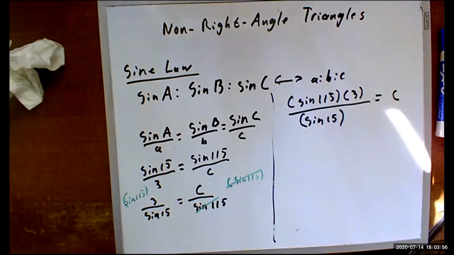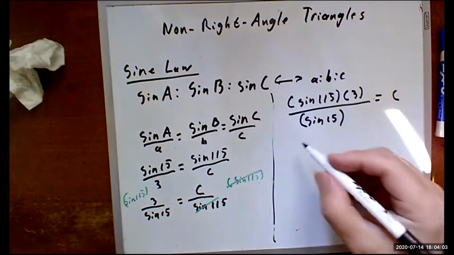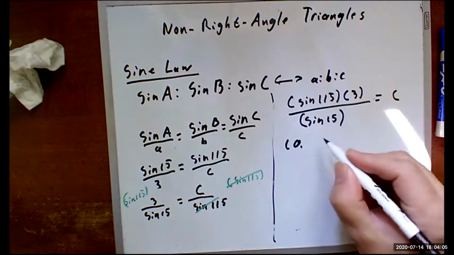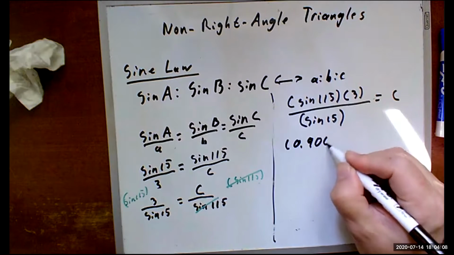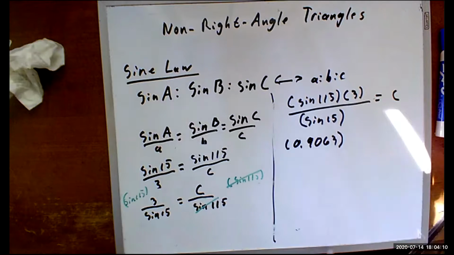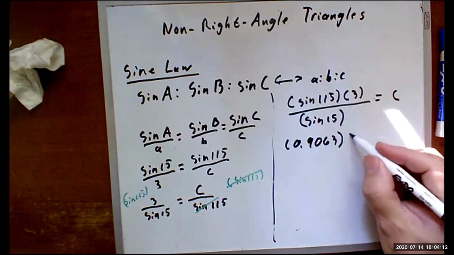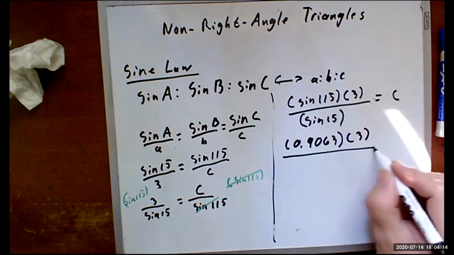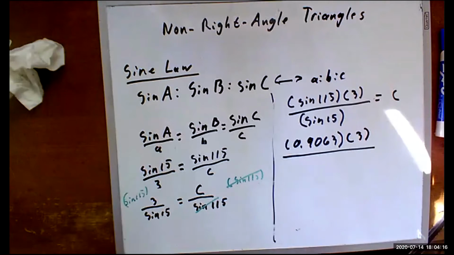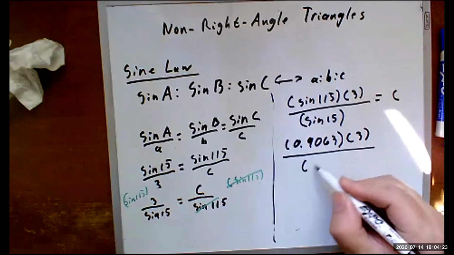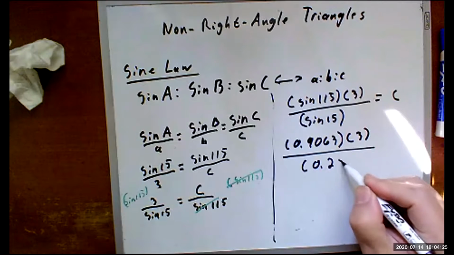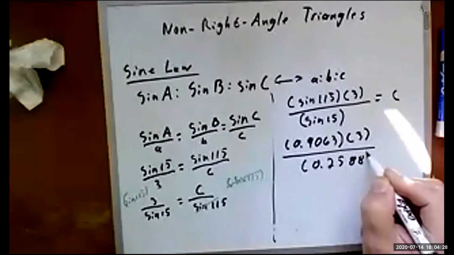Plugging all of these things into a calculator, the sine of 115 is going to be 0.9063 approximately. 3 stays as it is. We already knew what the sine of 15 was. We can use that same number, 0.2588.